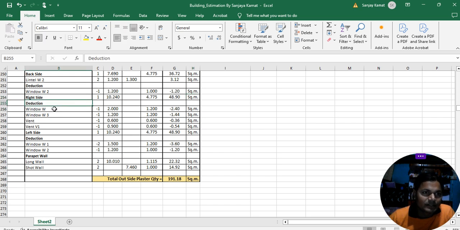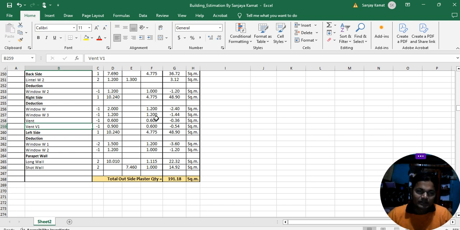Now we have to do the deduction. For the deduction, we have to reduce only window W, window W3, ventilation 1 and ventilation 2. After multiplying three terms for the window W, how much will you get? Minus 2.40 meter square.